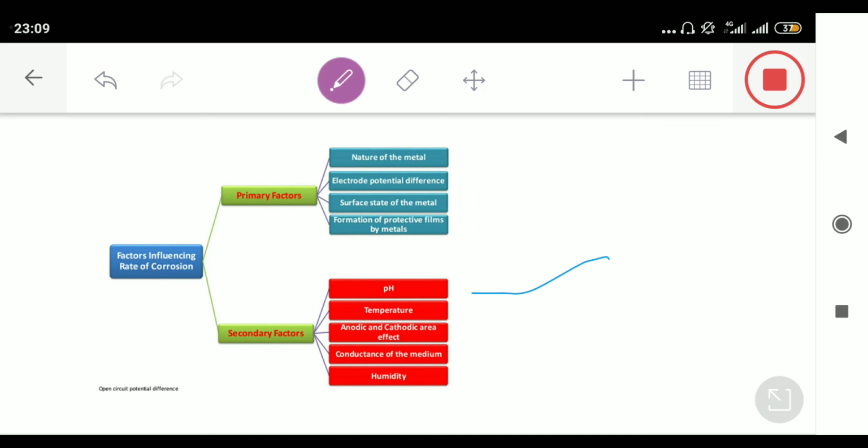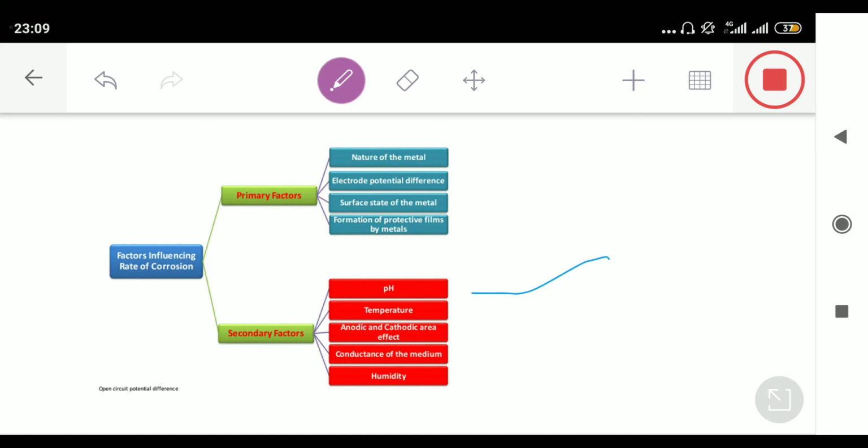Now this point, anodic upon cathodic area effect. For this, again, we'll have to recall the concept of concentration cell. And in a concentration cell, we already know the EMF is going to be positive only when the cathodic concentration is more than the anodic concentration.